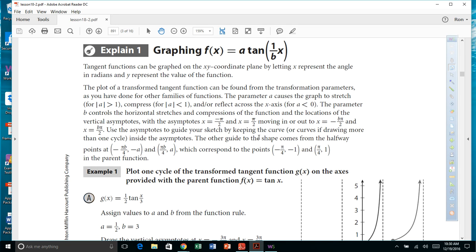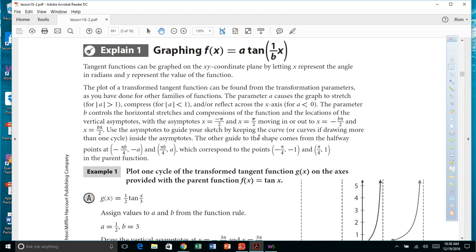The parameter a causes the graph to stretch for the absolute value of a greater than 1, and compress for the absolute value of a less than 1, and or reflect across the x-axis for a less than 0.